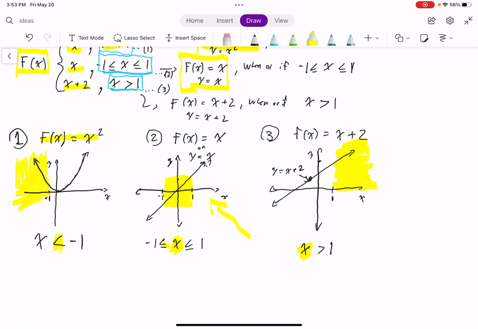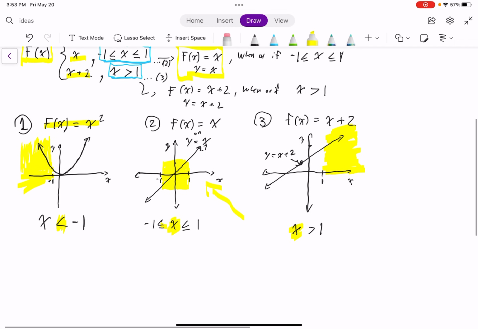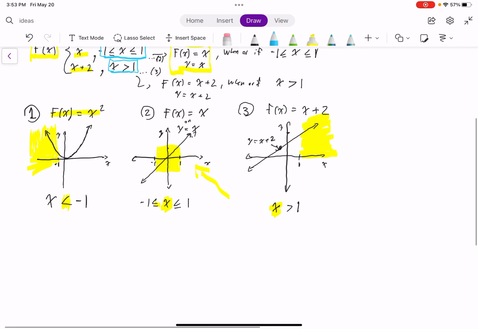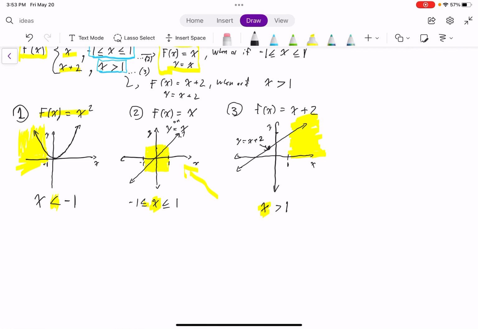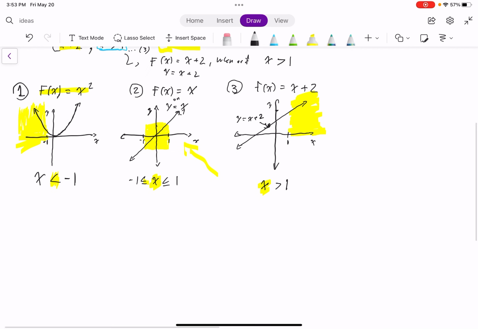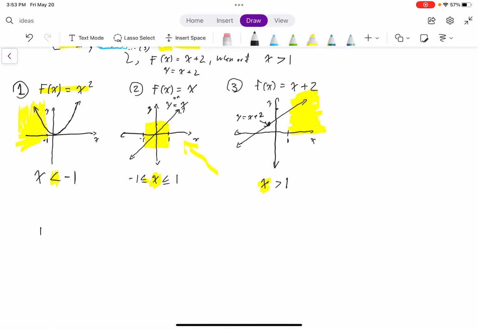So now that we have these intervals, we can piece them together as they are pieces in a piecewise function, right? So 1, 2, and 3 equal f at x, right?